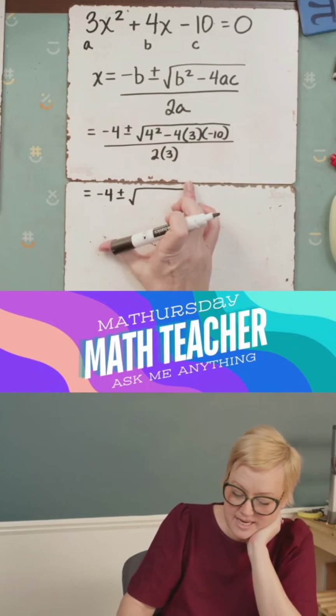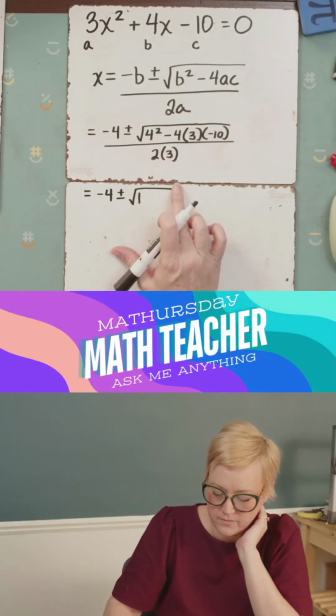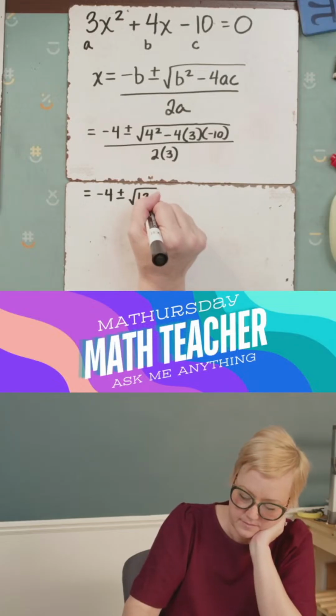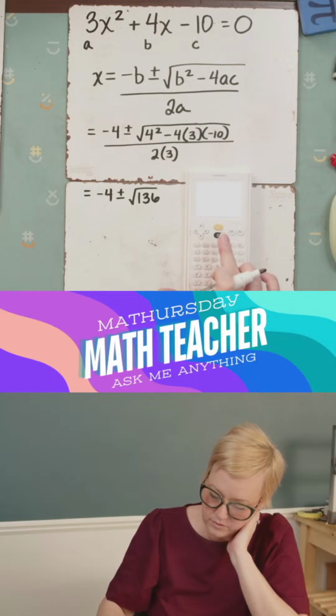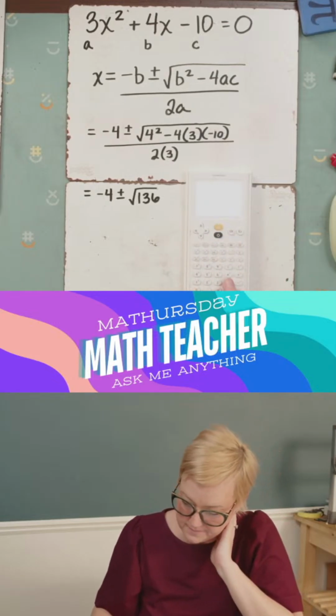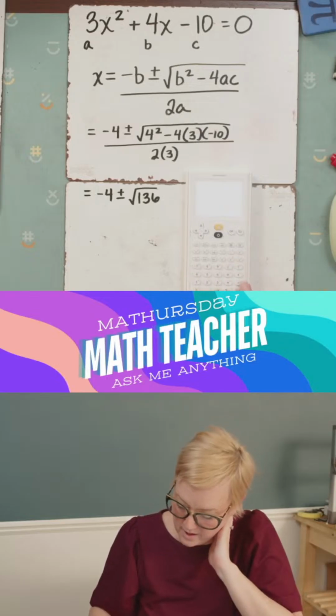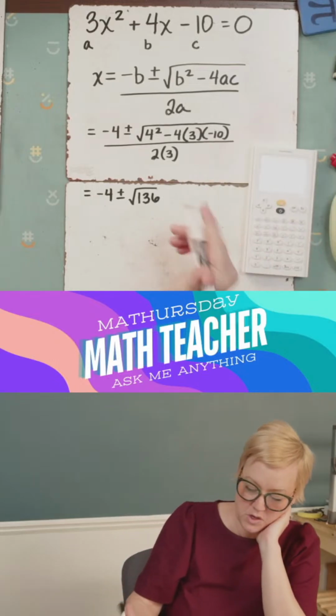So I've got 16 plus 120. I'm just going to go ahead and write out 136. And I'm also going to double-check. It's been a long day. So 4 squared minus 4 times 3 times negative 10 is 136. Beautiful.